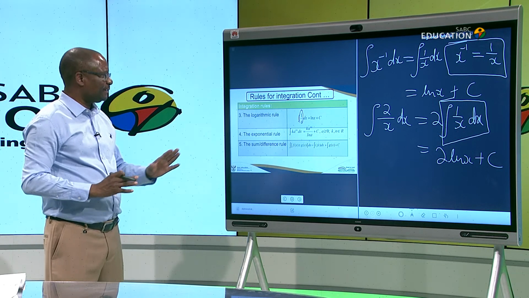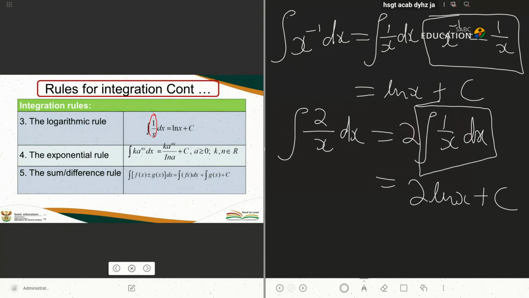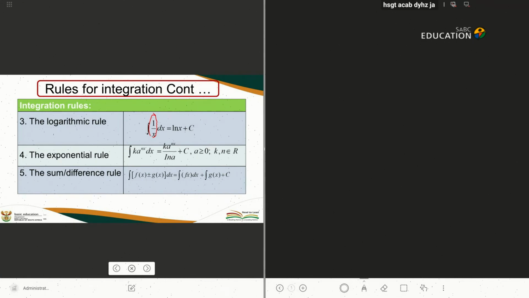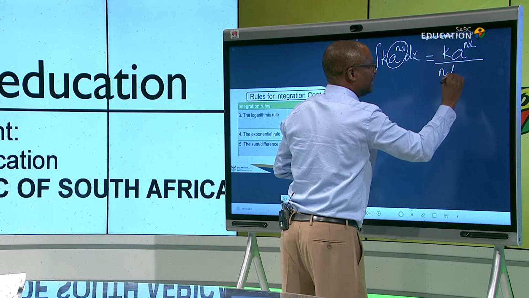Then, from the logarithmic rule, our next rule is the exponential rule, wherein it says if you are given the integral of k a to the exponent of nx dx, then the integral of this will be your k, and this whole function here, which is to be integrated, which is in the exponential form, your a to the exponent of nx, all divided by n ln a.